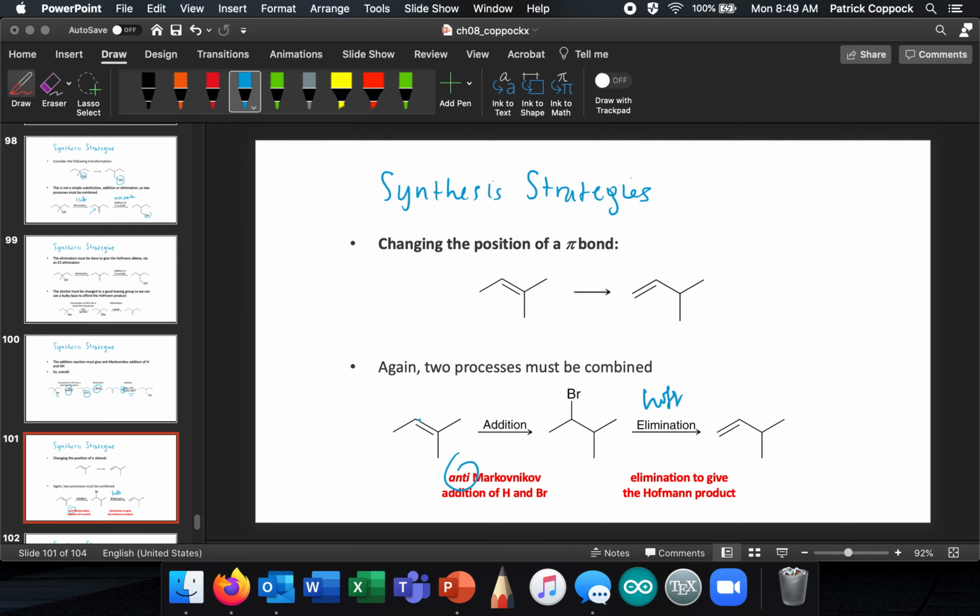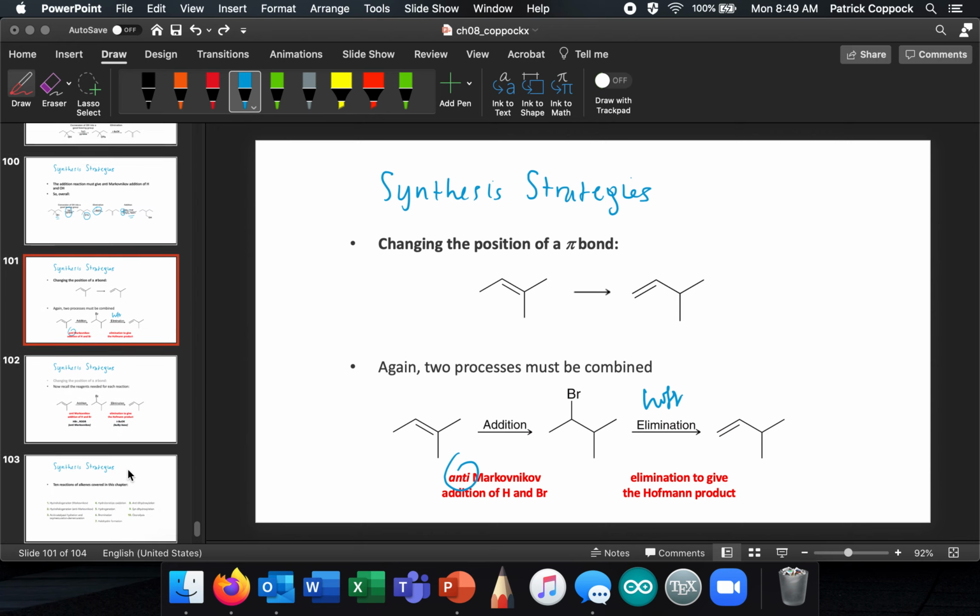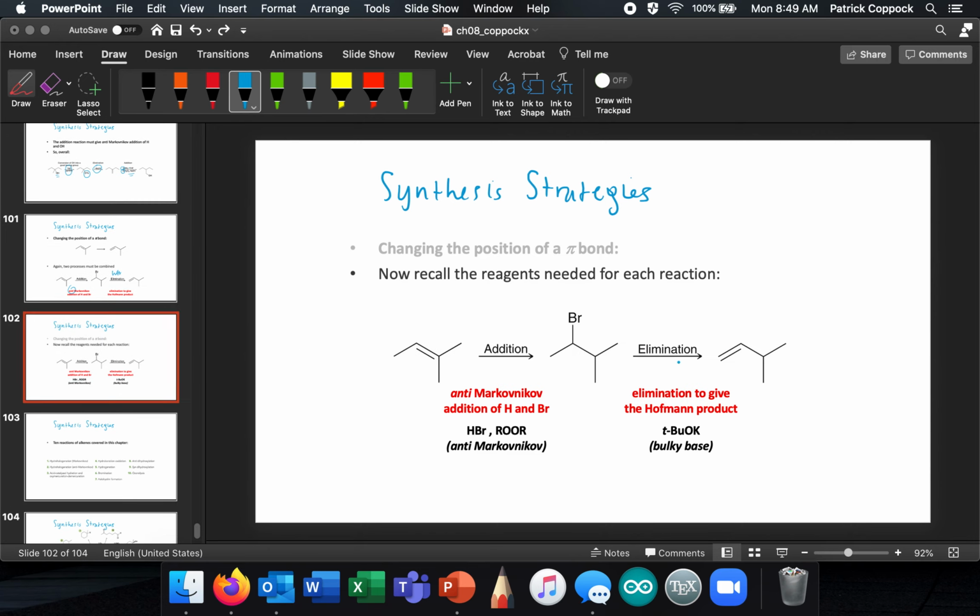And so it's going to come here, because if I do a Markovnikov addition, the bromine's going to go here, right? But the anti-Markovnikov, it's going to go over there. Okay, so how do you do an anti-Markovnikov addition of HBr? Right, remember we did that with peroxide. There were a couple of peroxides we used, but peroxide and HBr. Okay, and that'll give us the anti-Markovnikov addition. And then the big bulky base is going to give us the Hofmann product.